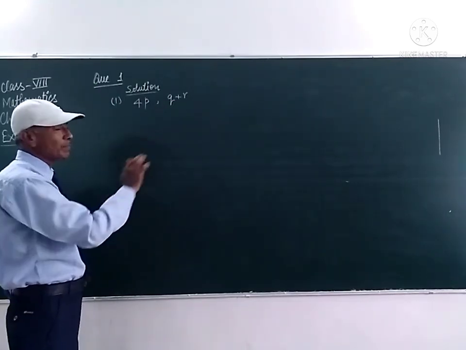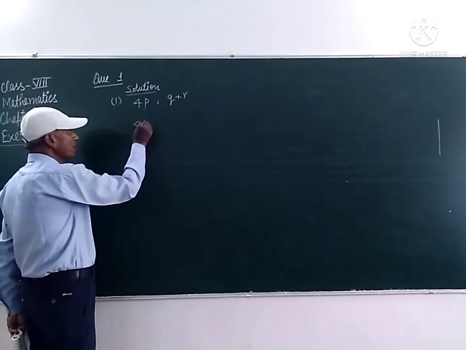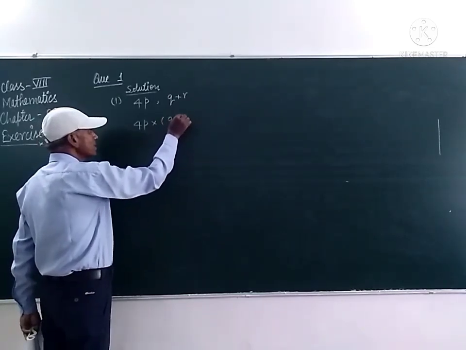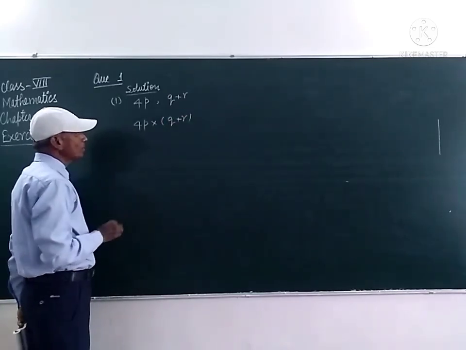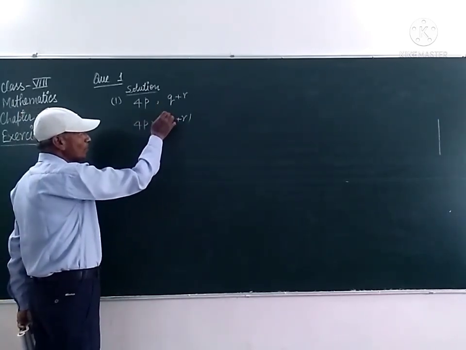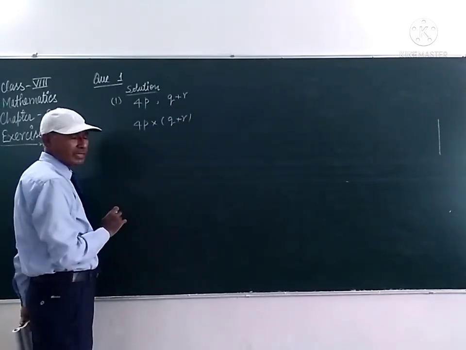Now we have to multiply these two algebraic expressions, 4p into q plus r. Now, students, in the next step we have to multiply this 4p with q and again 4p with r. Clear, students?